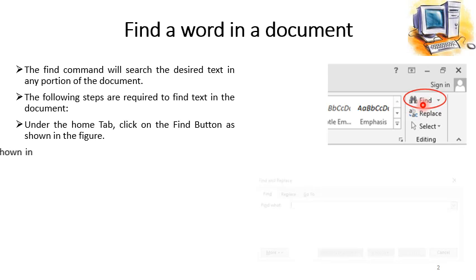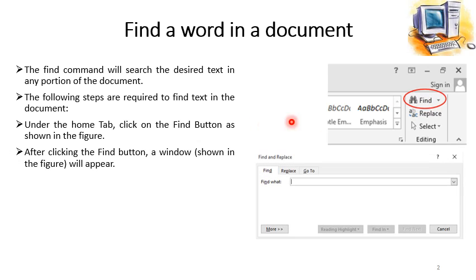After clicking this Find button, a window will appear, which is shown here in this figure. The name of this window is Find and Replace, and currently the active tab inside this window is the Find tab.